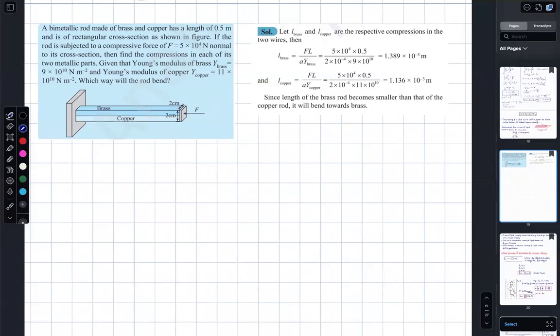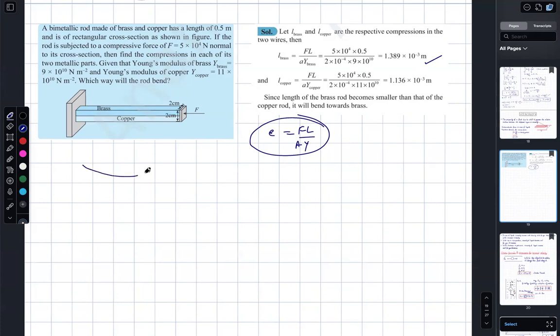See how to check. You compute the compressions separately using our elongation formula, F into L by cross sectional area times Y. The same formula you use. I have substituted the data. When I substituted the data, compression is higher in brass when compared to copper, which means that it will not compress linearly.